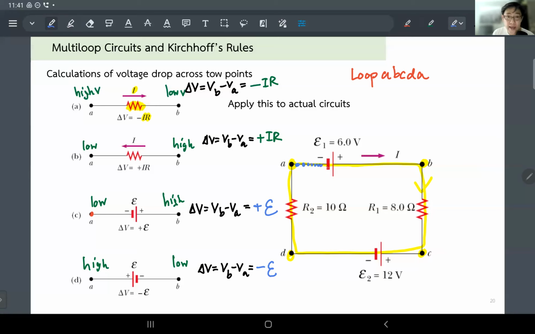I'm hitting a source, a battery, and I'm going from the negative terminal to the positive terminal. So by going across this one, the potential difference is going to be positive 6 volts. You guys with me? Keep walking. Because you don't really know exactly which way the current flows, you can assume that the current is right now flowing clockwise.